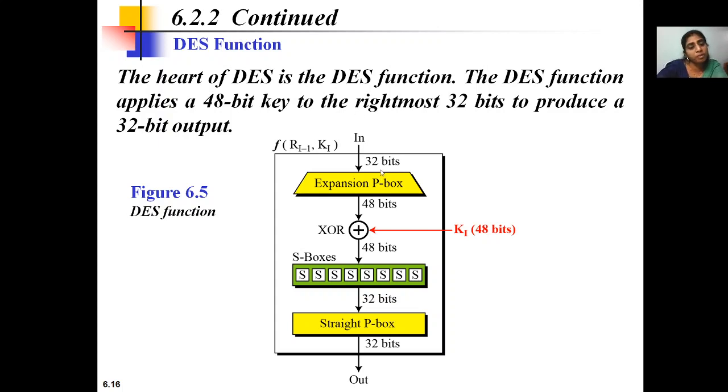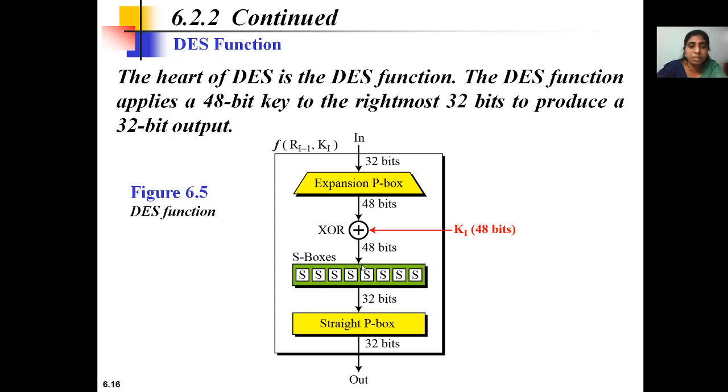We put that 32 bit data into the expansion P box, where 32 bits are transposed to 48 bits. Then we XOR with the key bits: 48 bits are XORed with 48 bits of key. Then we get output as 48 bits.